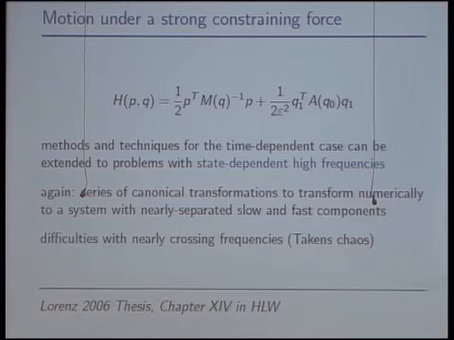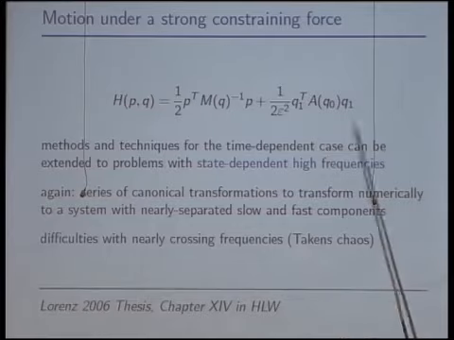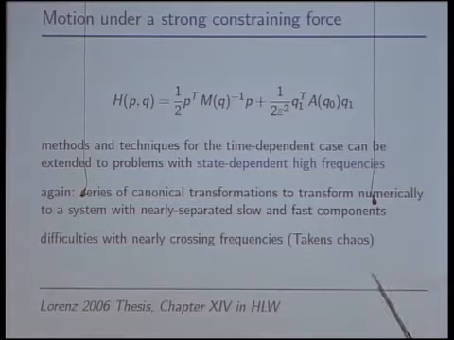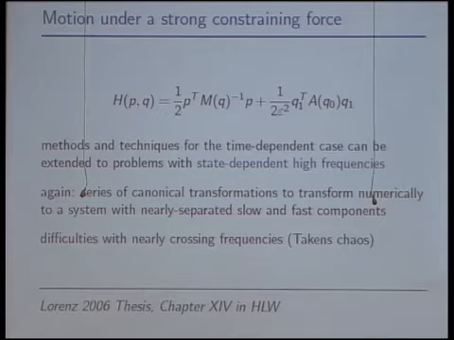Of course, we must expect the same difficulties that we had in the time-dependent case, but the difficulties are even worse, because in the state-dependent case, for state-dependent frequencies, in the limit as epsilon going to 0, the slow motion of the variables q0 and p0 is no longer a fixed limit if eigenvalues are very close to each other.